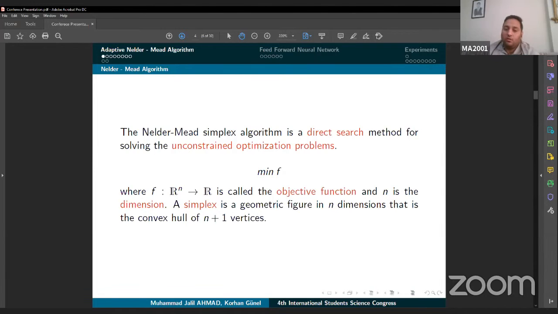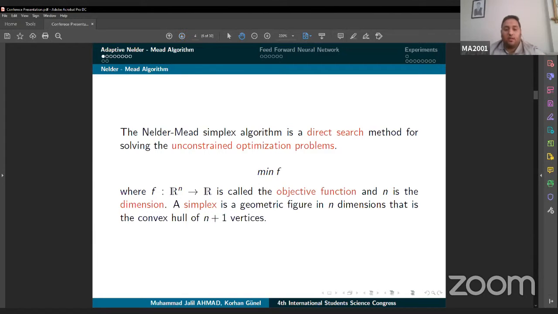But if we give a certain condition, let's say our x should be in the range 1 to 6, then this type of optimization problem is called a constrained optimization problem. But for Nelder-Mead, we will only consider the unconstrained part.